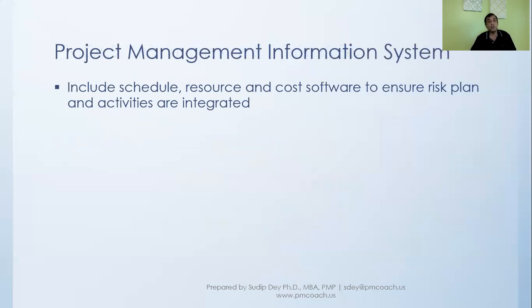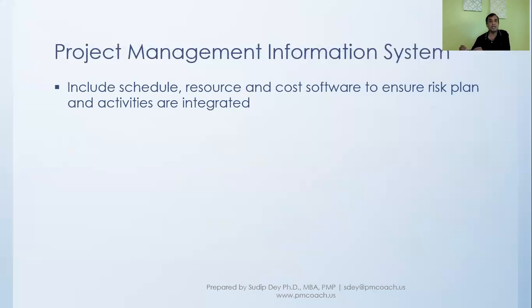So we look at it from a total perspective, and we will employ our project management information system because it will be able to tell us, for example, if it's a schedule risk, whether we are getting delayed or are going to get delayed, and then it will help us identify what is making us delay, what risk is there.